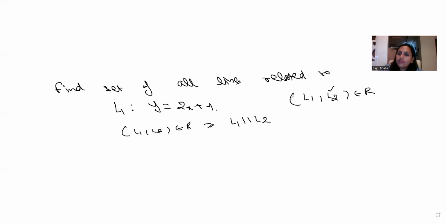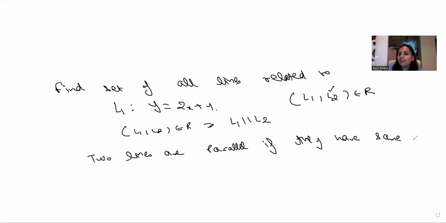Now, how can we write the mathematical term for two lines to be parallel? We have studied in class 11th that two lines are parallel if they have the same slope. How do you find the slope of a line?